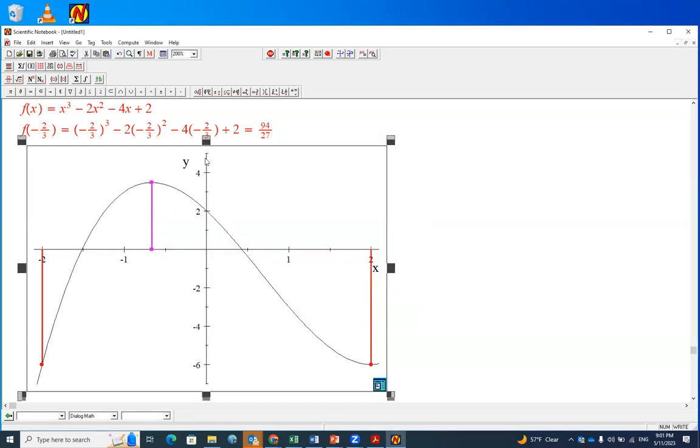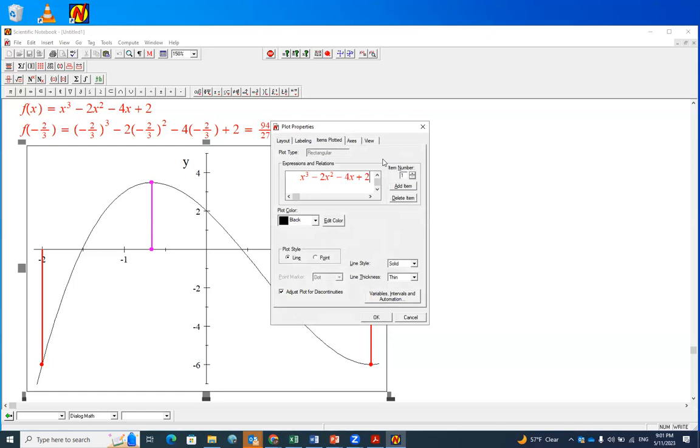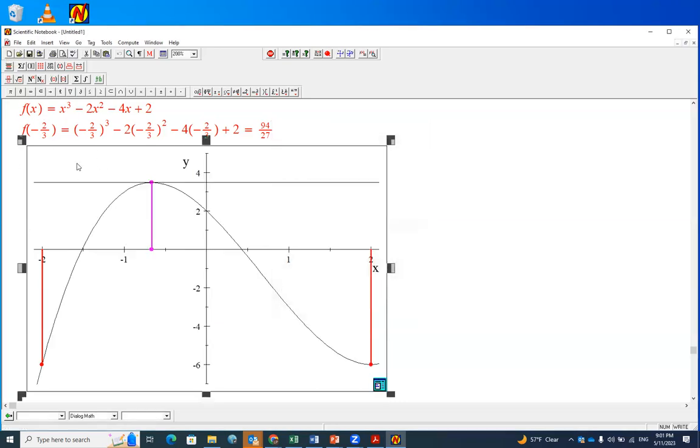So that's the point C where the derivative of the function is 0. And the tangent line, let's draw the tangent line. Okay, the tangent line, of course, is at 94 over 27. Okay, that's the tangent line.